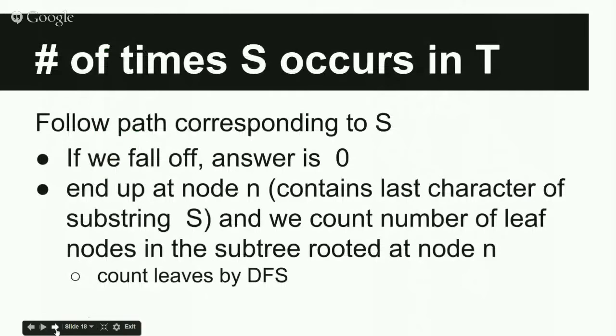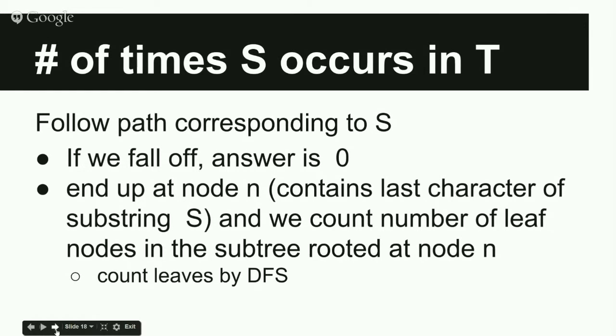Now this is also a really good question, and it comes up a lot: the number of times the substring occurs in the text. And this is the algorithm for it. You travel down the path corresponding to the characters in the substring that you want. If you fall off, as we saw before, then it doesn't exist, so obviously the answer is 0. So you return 0.